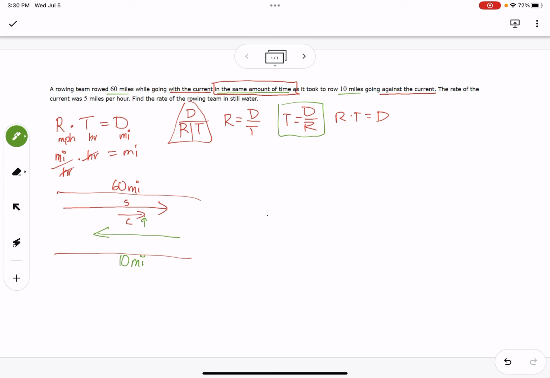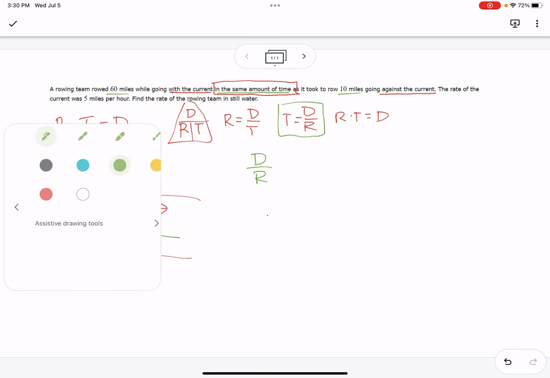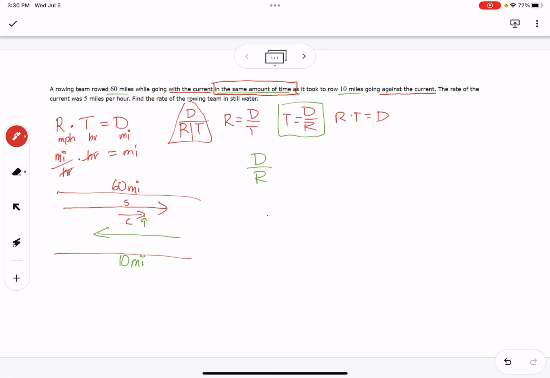Because of this, that's telling me I'm probably going to be looking at the time relationship, because it's easier for me to set distance over rate for one case equal to distance over rate from the other case, because time equals time.